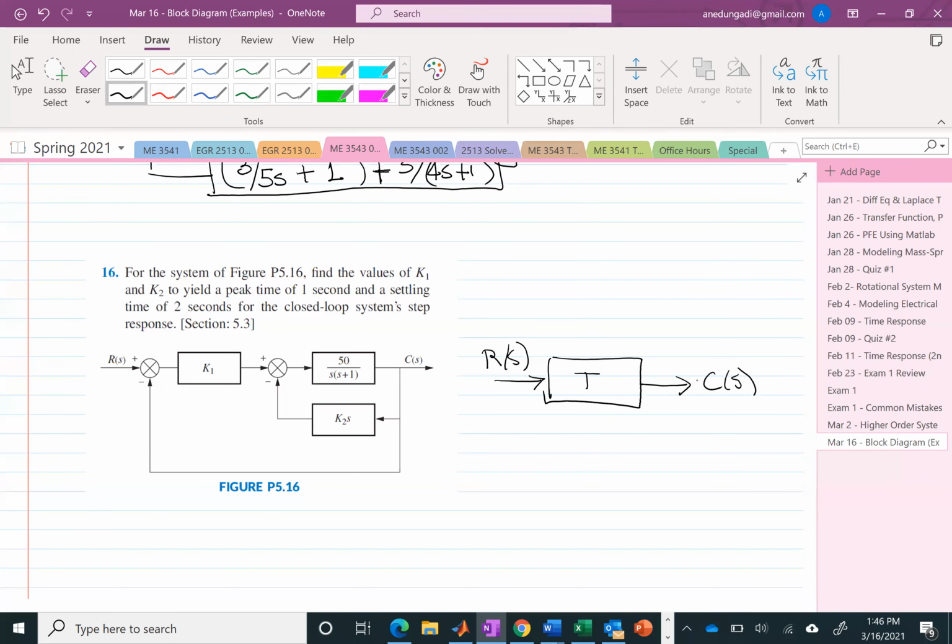Okay. Well, do I recognize any of the standard forms? Cascade, parallel, or feedback? Anybody? Parallel. So Veronica, can you tell me what you think is parallel? K2. Okay, so Veronica, please understand.